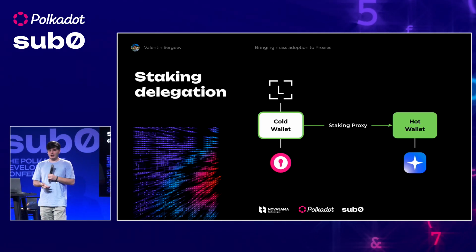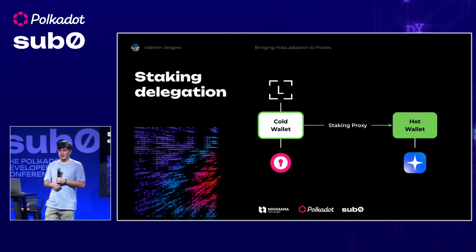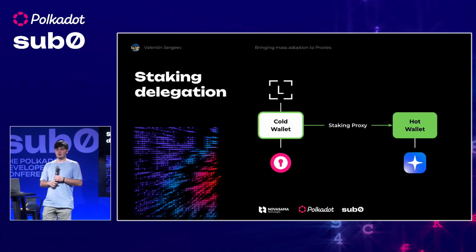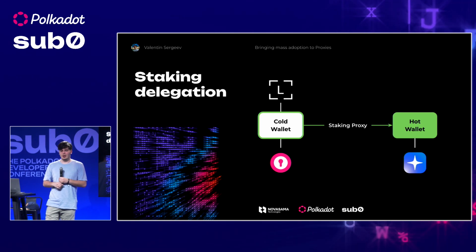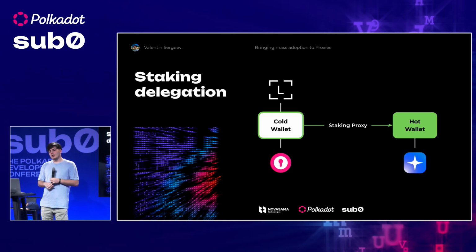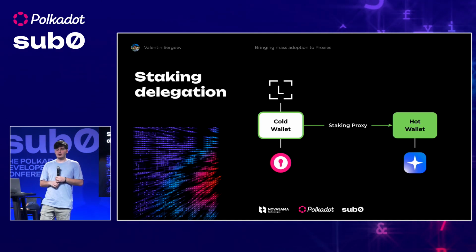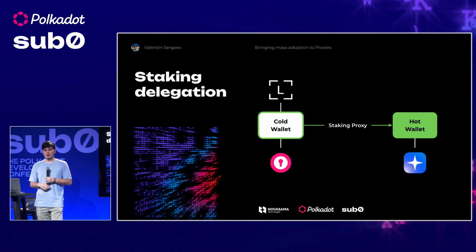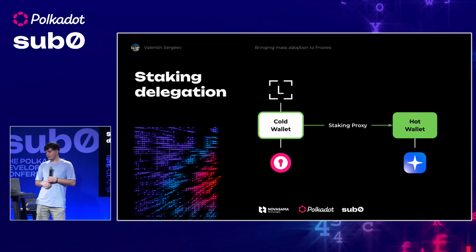And you are really unsatisfied with the amount of time it takes to grab your Ledger to sign a transaction. So you want to make your day-to-day operations like claiming staking rewards easier. You can set up a proxy from your cold wallet to your hot wallet only allowing staking operations, thus limiting the exposure of your cold wallet to the world.